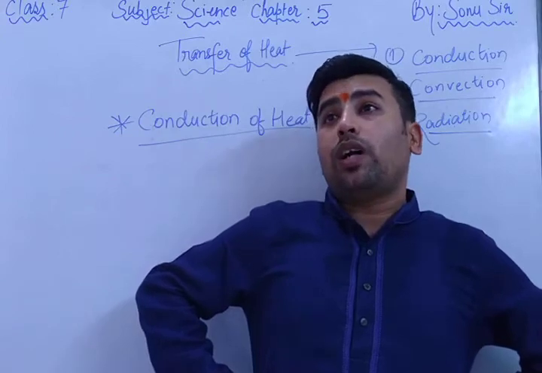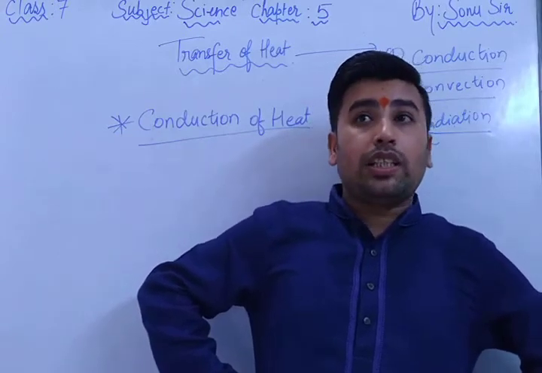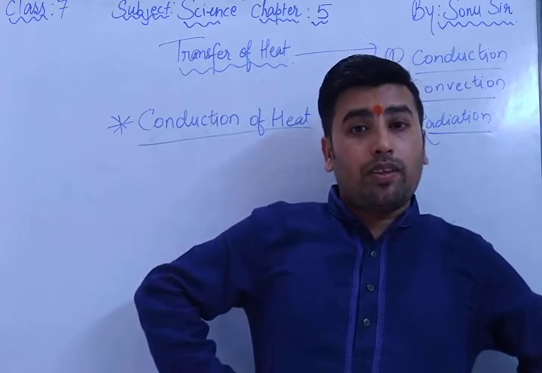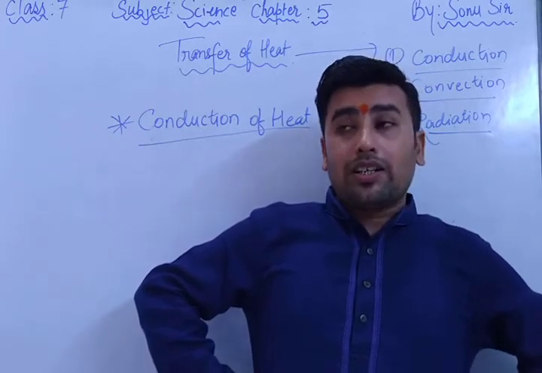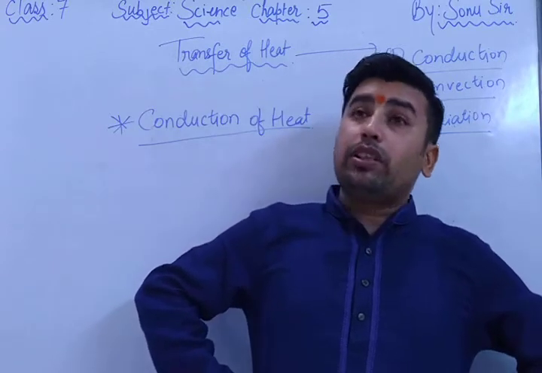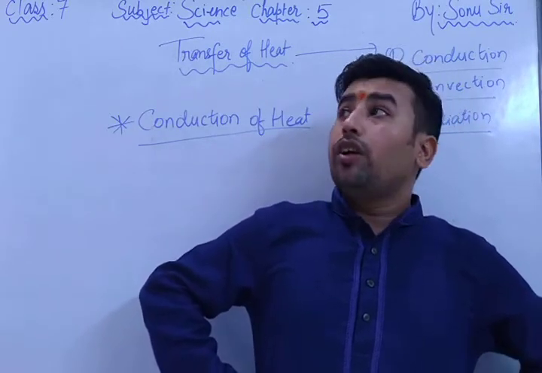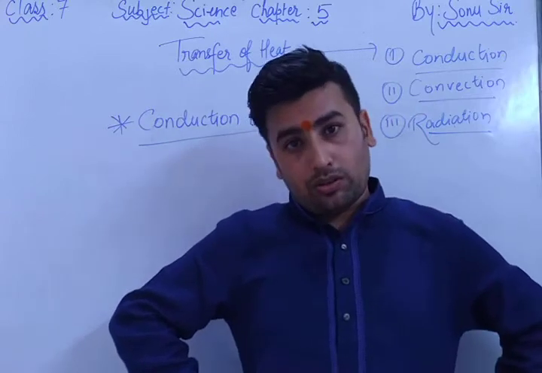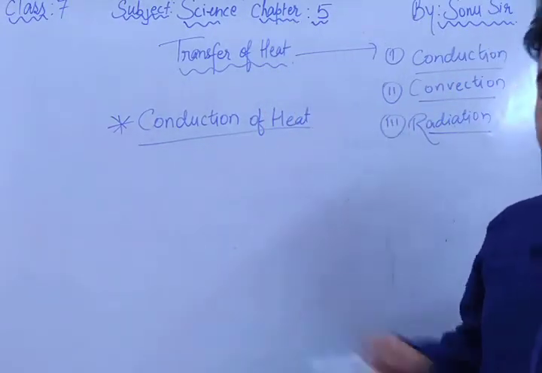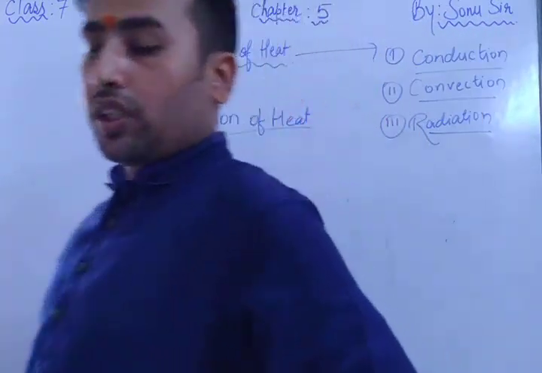In the 1st chapter, Matter in Our Surroundings, there will be one topic called latent heat. From that latent heat we will understand where this heat goes. Got it? So now let us discuss the 3 types of transfer of heat: conduction, convection and radiation.